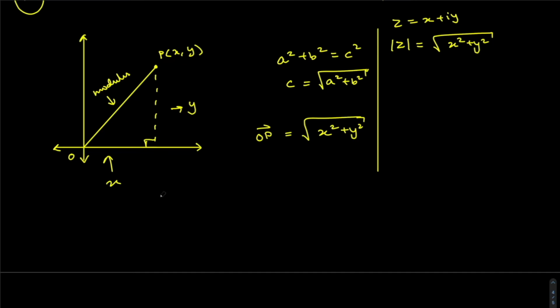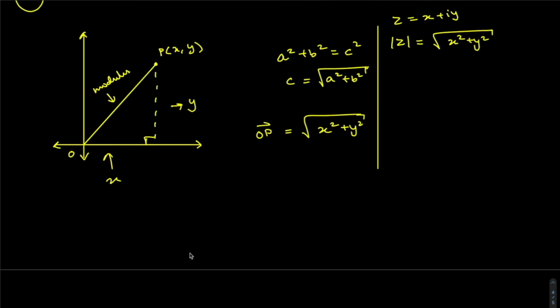Now, just one more note. If you remember absolute value from the number line, moduluses are always positive because they're a distance. Distances are always positive, they're never negative. Even though we have a square root, and a square root of any real number can be plus or minus, notice the absolute value sign here.